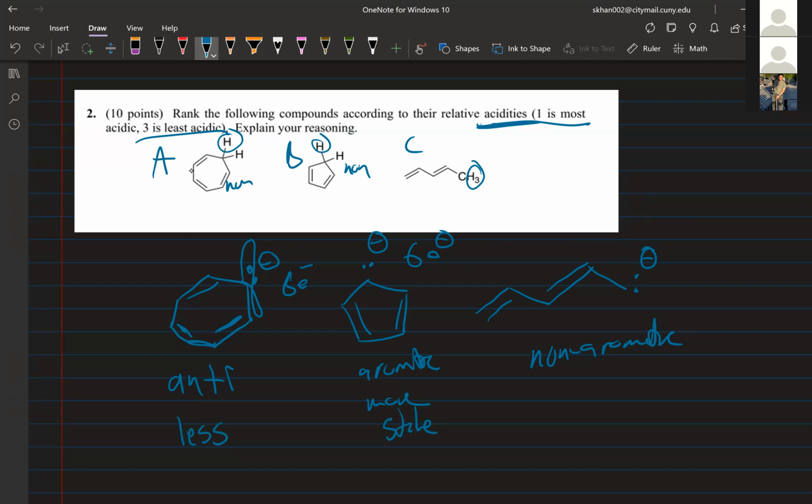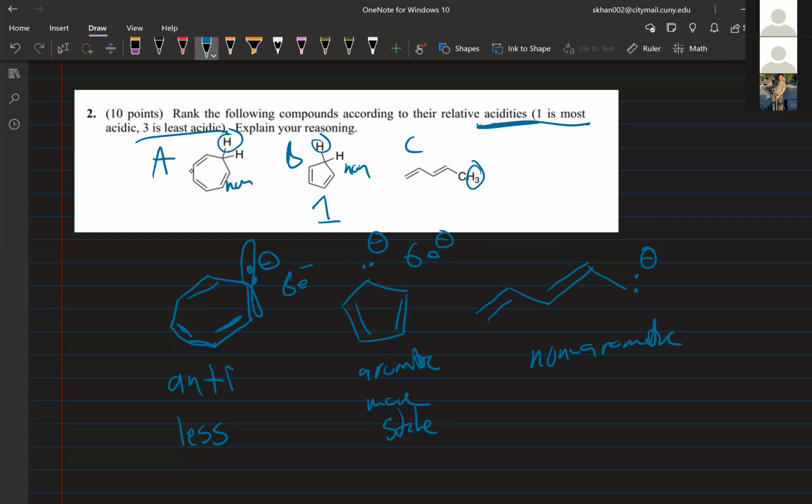And then the last one, we could automatically put as 1, because we are going from non to aromatic. So this original compound, cyclopentadiene, wants to lose its proton, so it becomes aromatic and the conjugate base is nice and stabilized. And then it's really a matter of C and A, which are going to be 2 or 3.